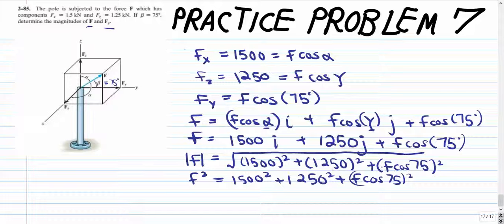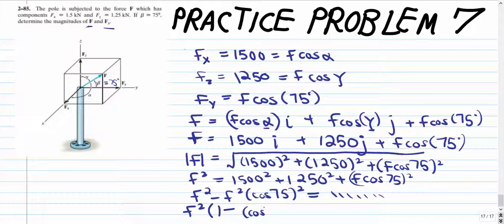Subtracting F cos of 75 squared from both sides, we get F squared minus F squared cos of 75 squared equal to whatever is on the other side. Now we can take F squared common, and we get F squared times 1 minus cos 75 squared equals 1500 squared plus 1250 squared.